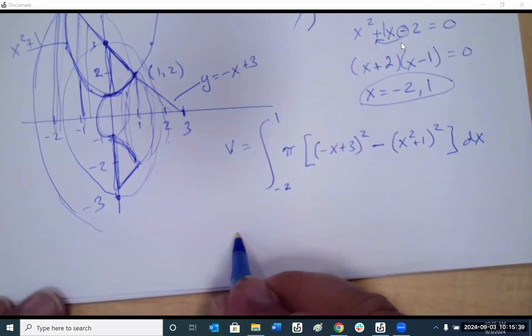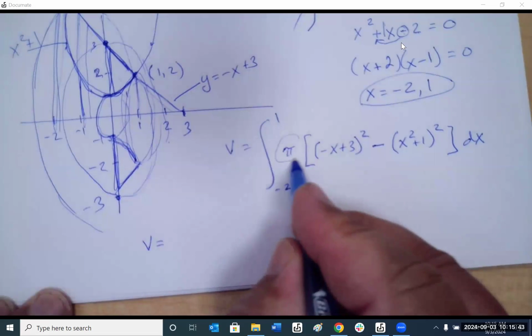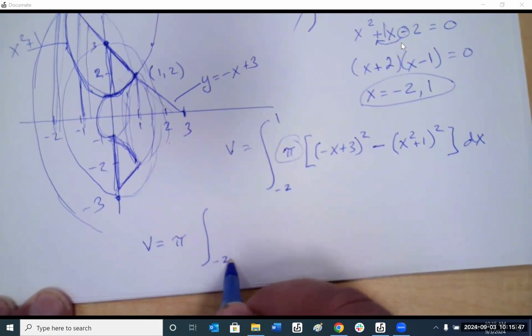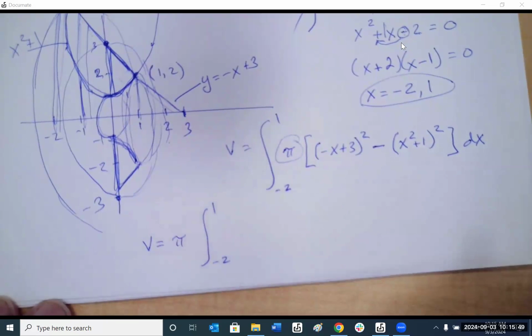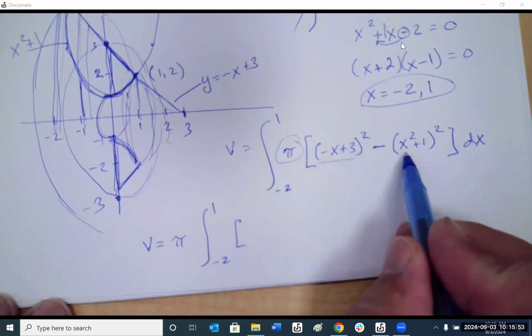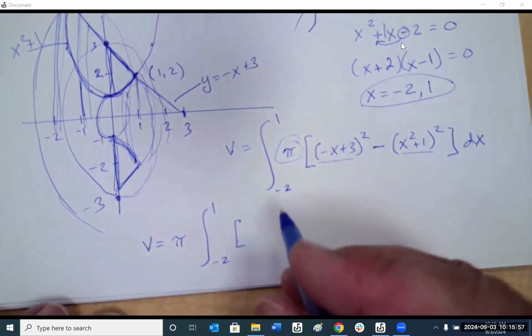So the first thing we can do is remove the pi because it's a constant. We can expand both of these because they're binomials.